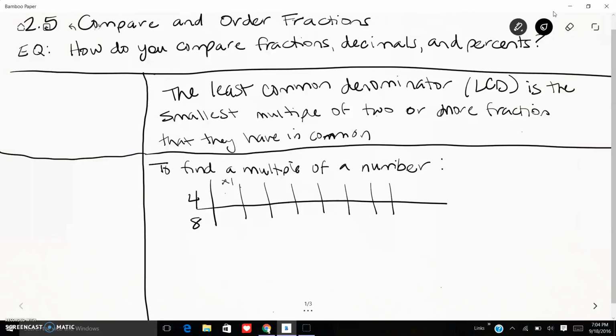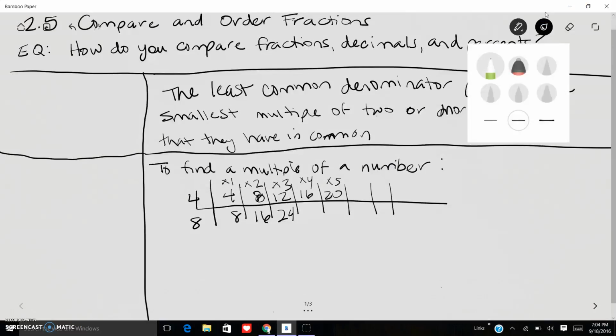4 times 1 is 4. 4 times 2 is 8. I could stop right there, but I'm not going to. 4 times 3 is 12. 4 times 4 is 16. 4 times 5, you get the picture. 8 times 1 is 8. 8 times 2 is 16. 8 times 3 is 24. So already I can see I have common multiples.